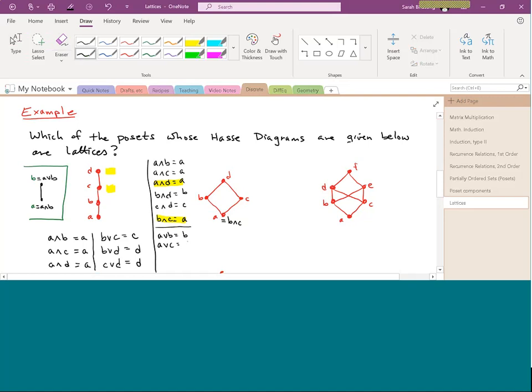We also have A join D, so we'll look at A and D again. I'm putting them in the same order as before. This one here is the one that actually is slightly interesting, so we'll come back to it.